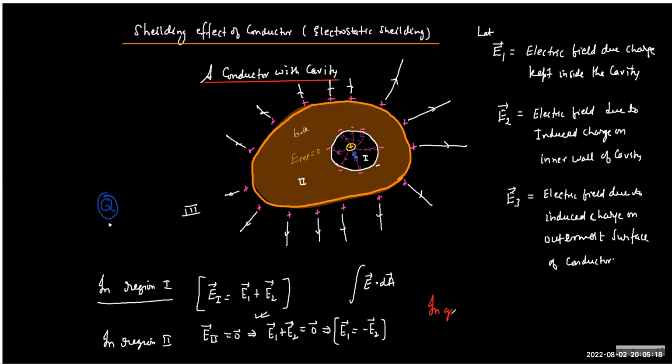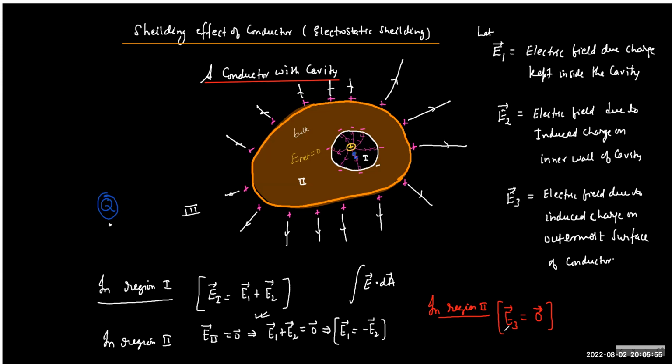Also, this is important. In region 2, the value of E3 will be how much? When the charge is on the outer surface, it creates the field outside. The charge on the outer surface cannot contribute inside the closed volume.